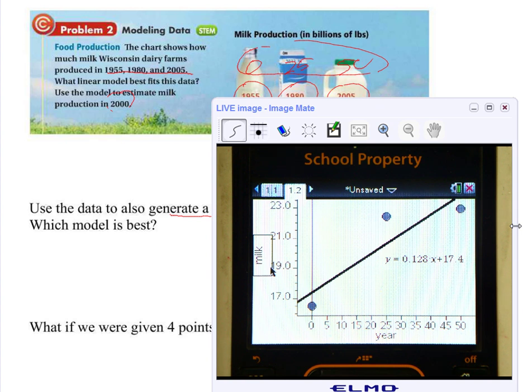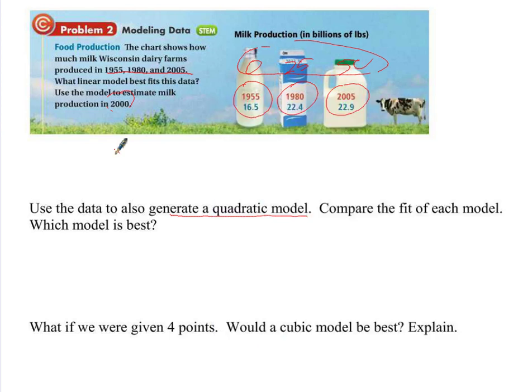We're going to write that down. Obviously, I can't show what the calculator is showing me on my homework, so I'm going to write the equation down here. It's y equals 0.128x plus 17.4. So there's my linear model.